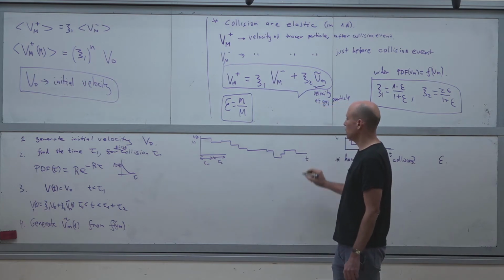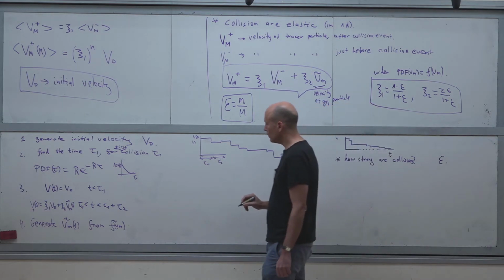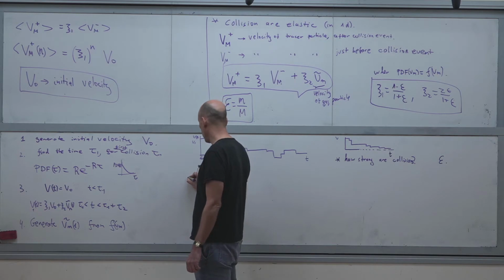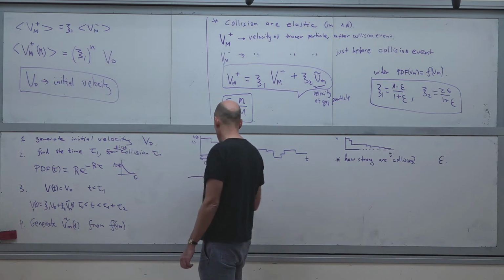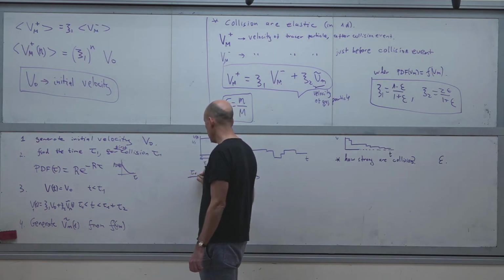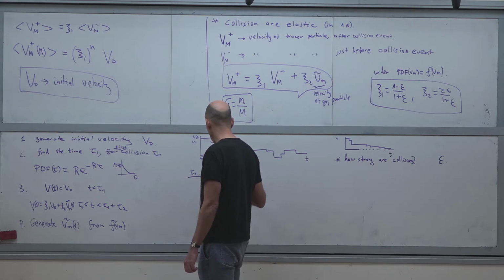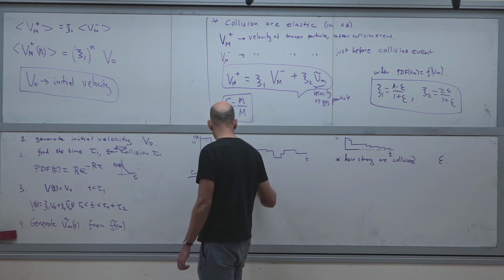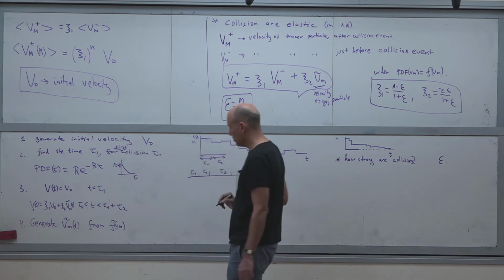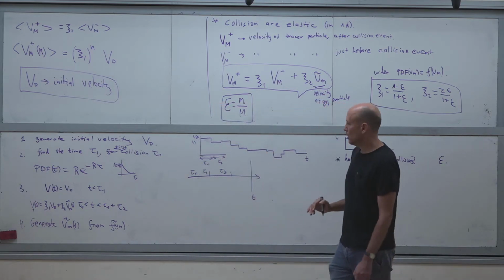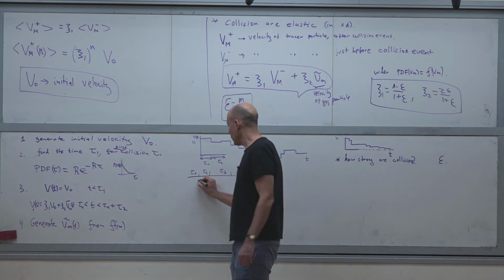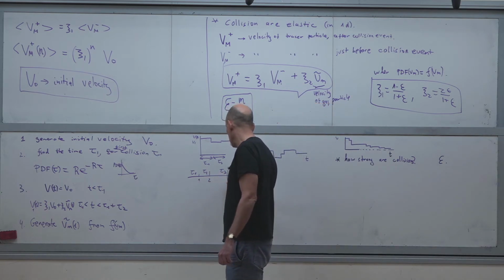This is a function of time. So on the time axis we have tau 1, tau 2, tau 3, and here we have the measurement time. We stop it. And this is collision number 1, collision number 2, collision number 3.